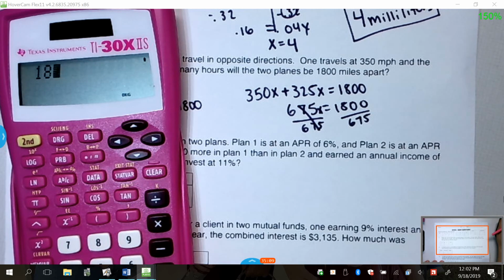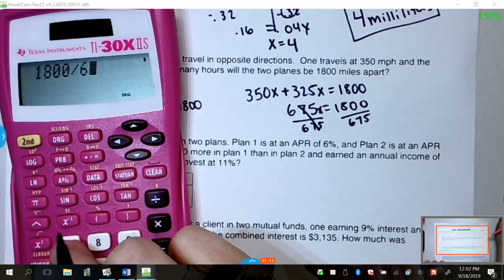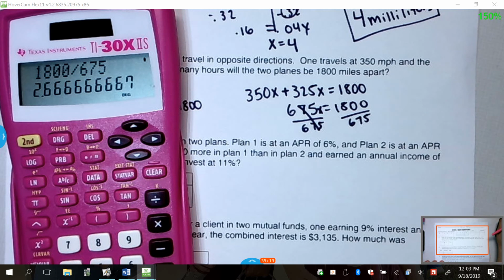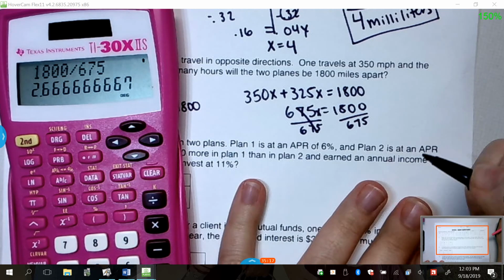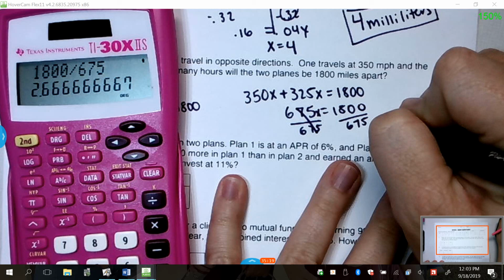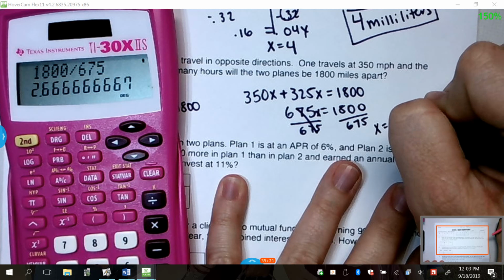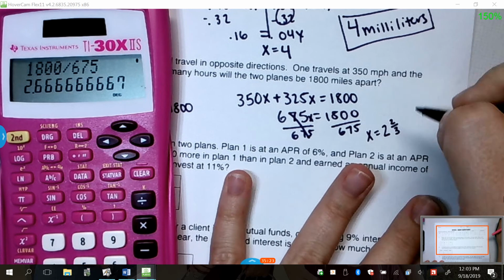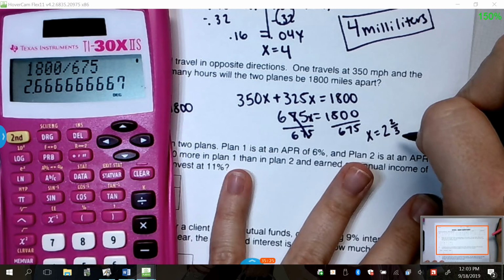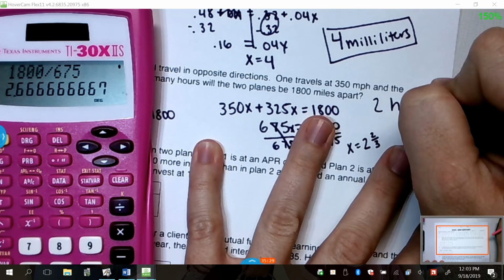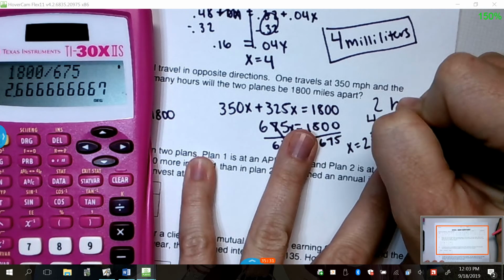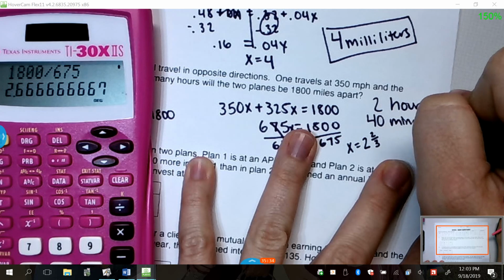So 1800 divided by 675 is 2 2/3. Remember we talked about 0.66 is 2/3. So 2 2/3, which remember a third of an hour is 20 minutes. So 20, 40. So 2 hours, 40 minutes.